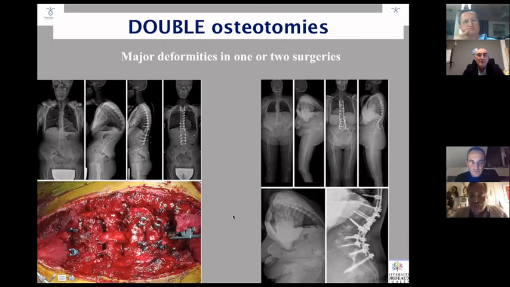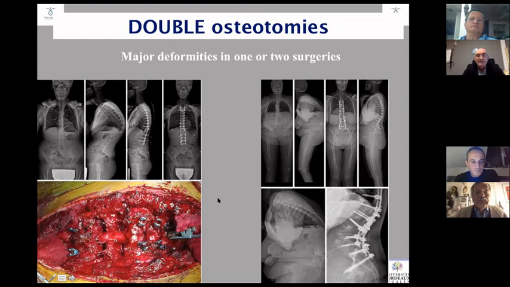So in very complex cases like this, we have to perform a 2-level osteotomy. It's of course risky from the neurological point of view and for the bleeding also. So don't start with this kind of osteotomy, but it is exactly the same technique that we apply.